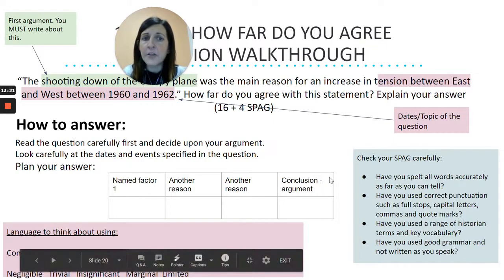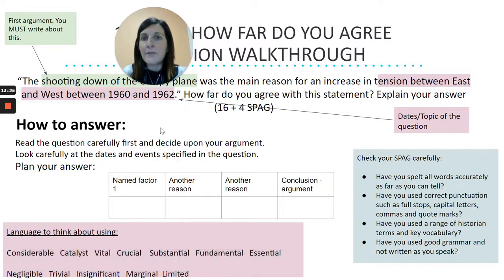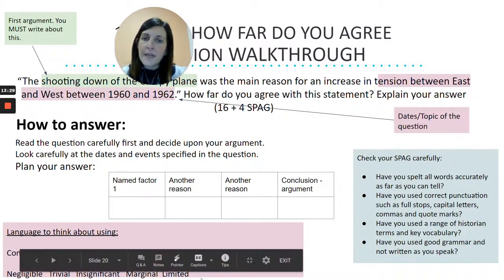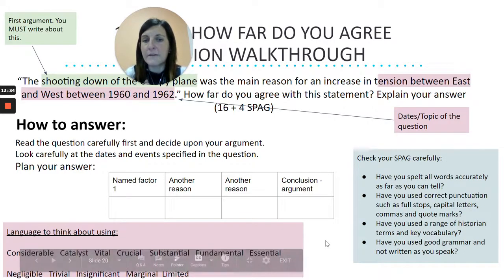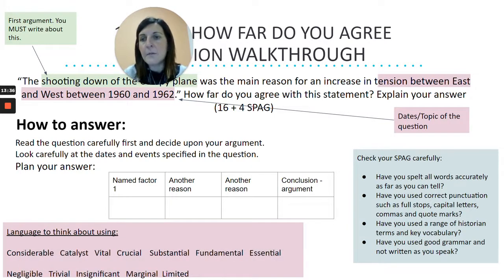And then our conclusion, we will decide whether it really was the U-2 spy plane or whether another event was more important. And when you think about that, really the question is asking you about relative importance of these different factors. And therefore at the bottom is some language that you might want to think about using.